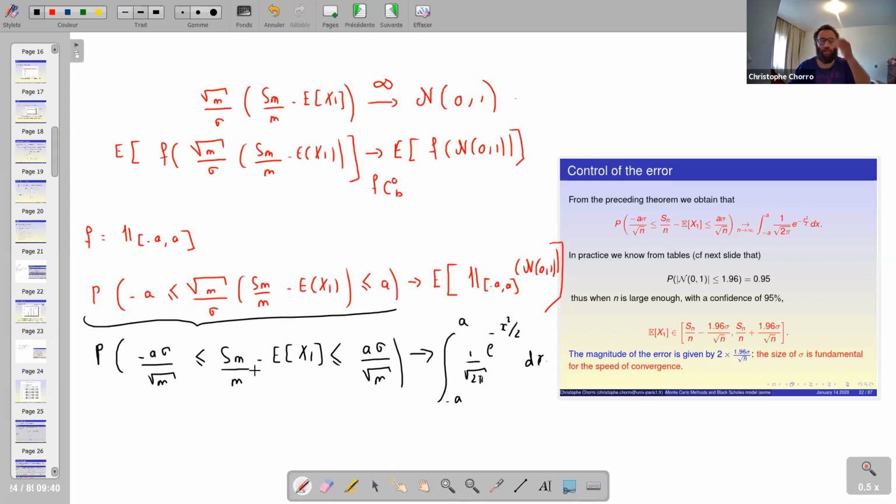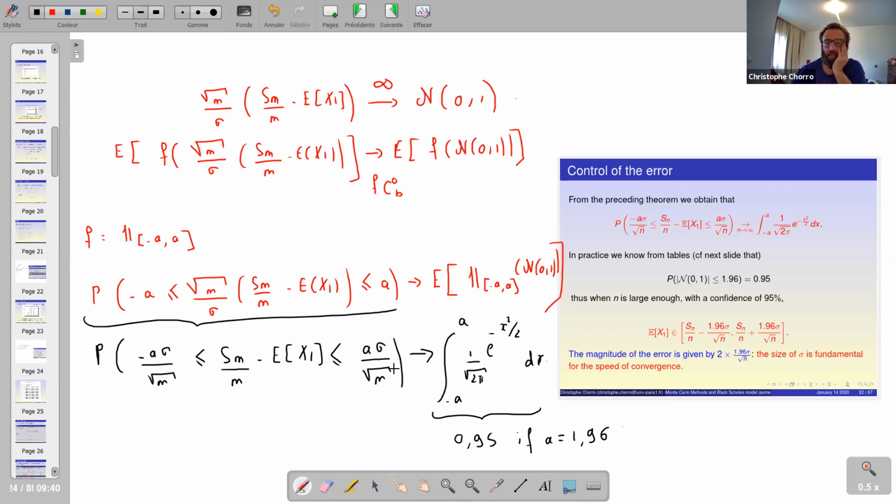And what is nice is that classically we know from tables that if I want this term to be big, for example in general we take 95%, this is equal to 95% if a is equal to 1.96.